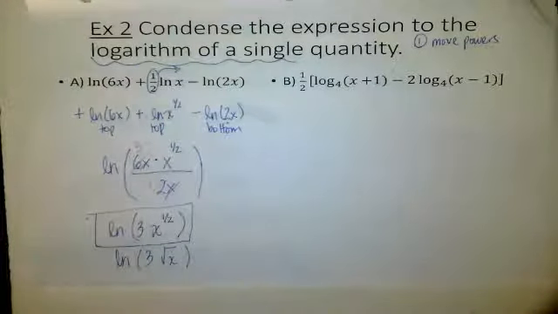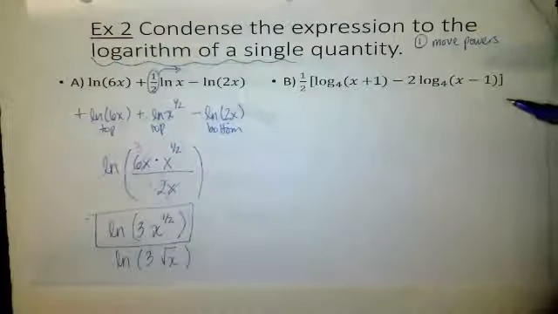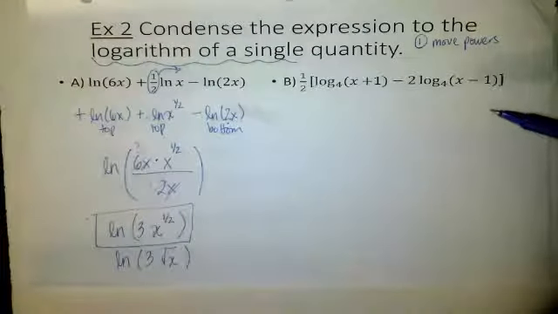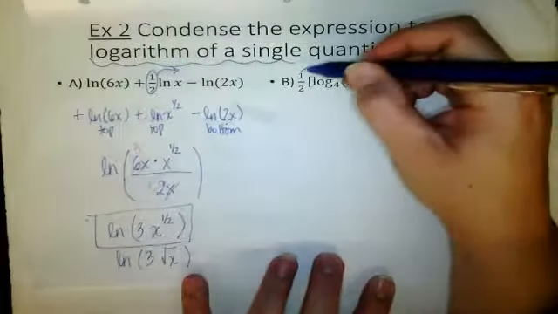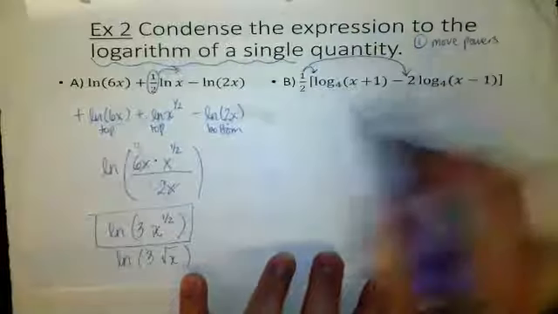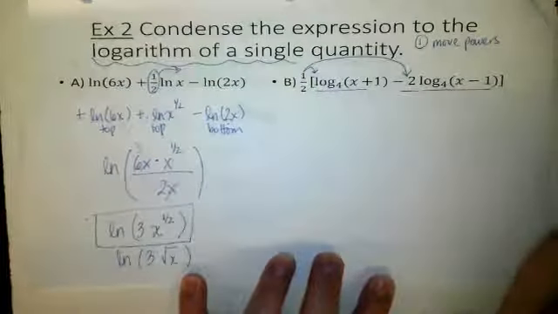All right, on letter B, you'll notice we have grouping symbols. Do not try to condense with grouping symbols. So I'm going to go ahead and distribute this 1/2 to the 2 terms first.